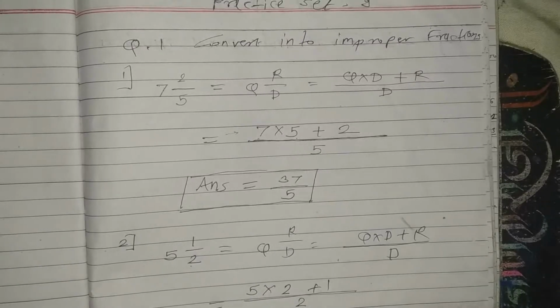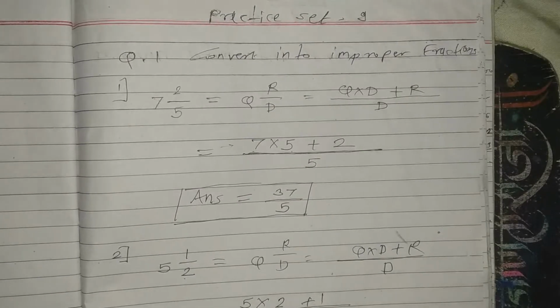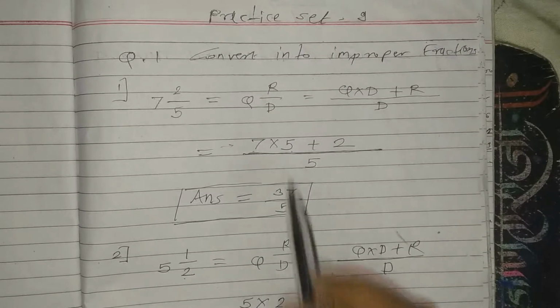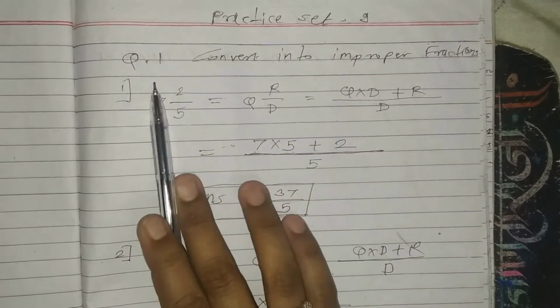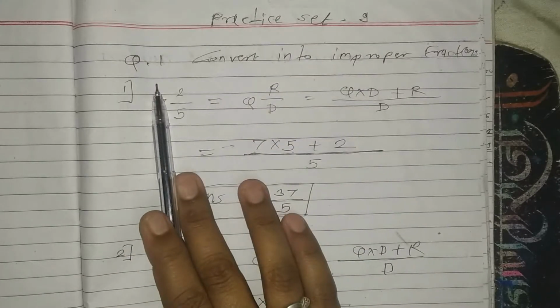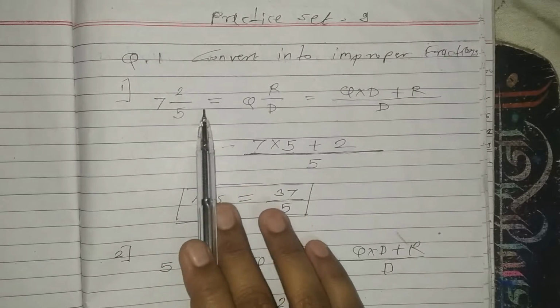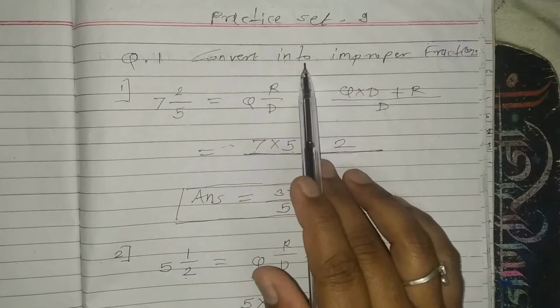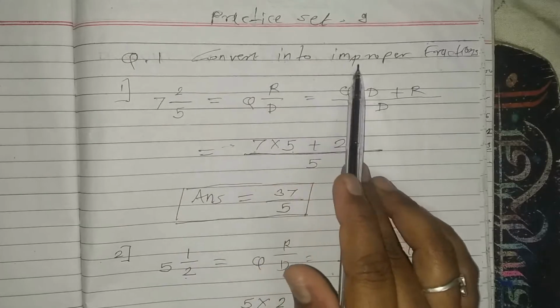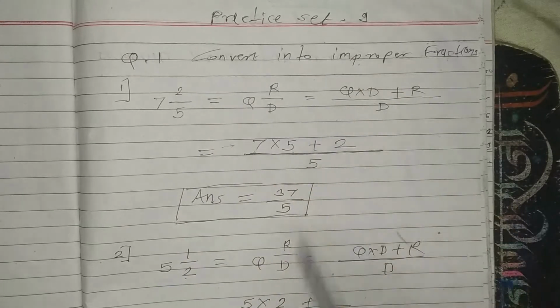Hi dear all students. In the previous video of the fraction lesson, we already started our practice set 9 and completed our question number 1, where a mixed number is given and we converted it into an improper fraction. I hope you understood how we converted.